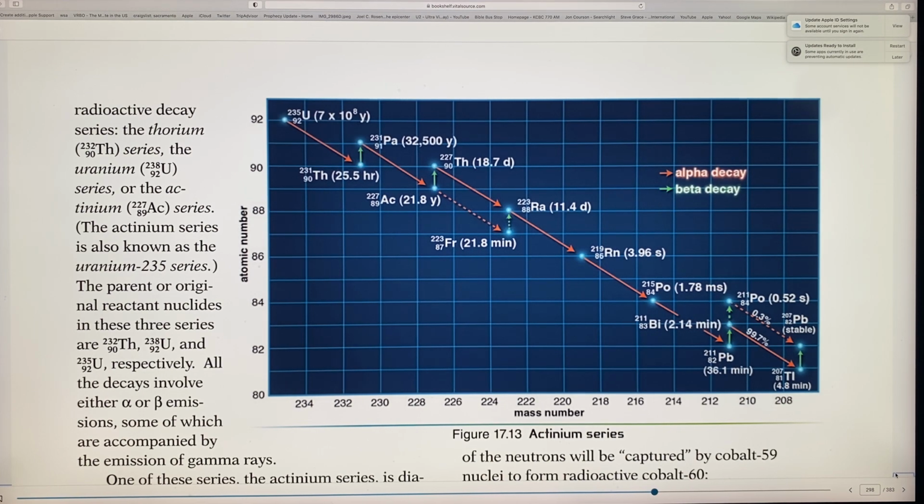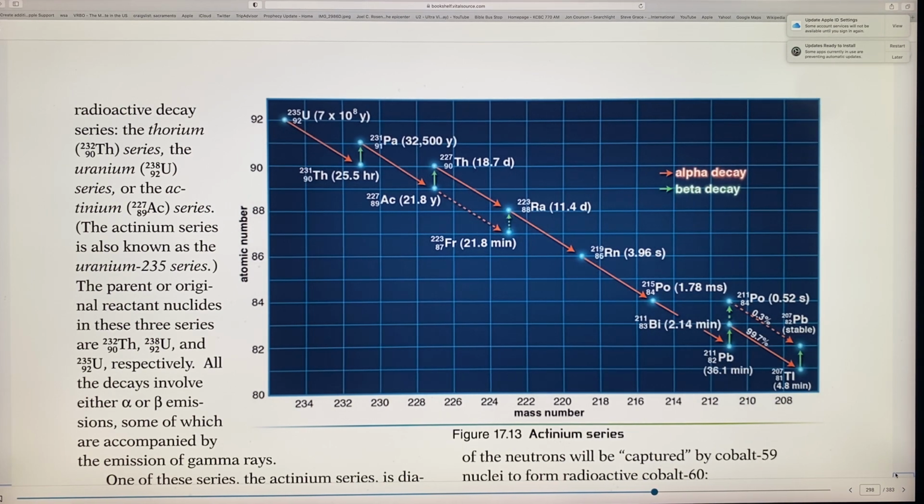The actinium series is also known as the uranium-235 series. Very important, because this series will end up in our atomic bombs. So we have uranium-238, actinium-227, and on to uranium-235. And the thorium is the 232. They're all listed here.